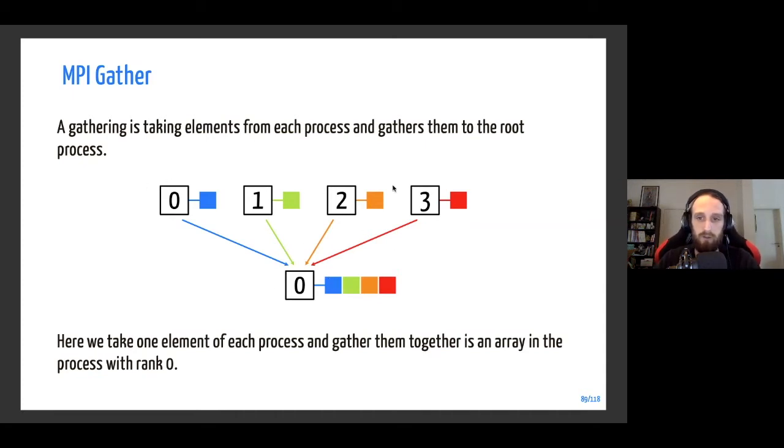So each of these processes has a different piece of data, and they will gather them in the root process, and they will be ordered in the order of the rank. So of course, the value from process 0 will be the first one in the array located on the root, as well as the process with rank 1 will be index 1 or 2, depending on your language, and so forth.